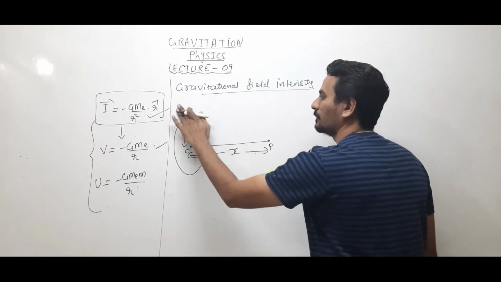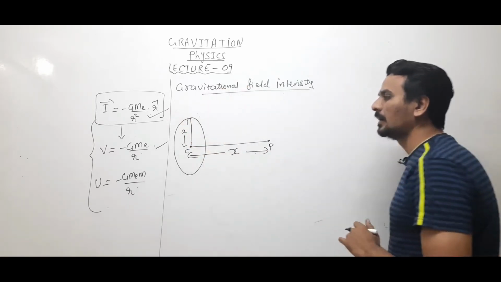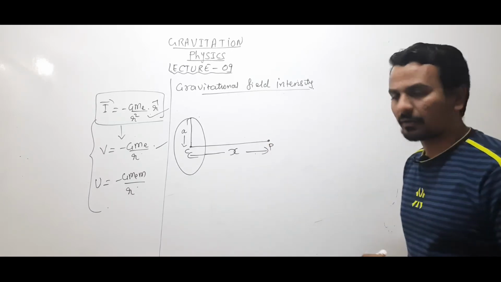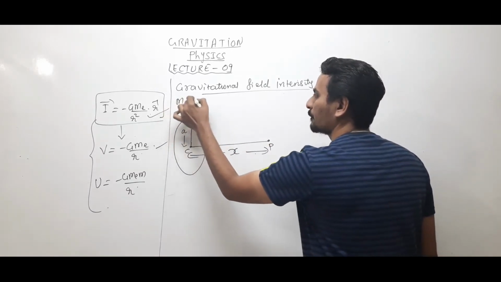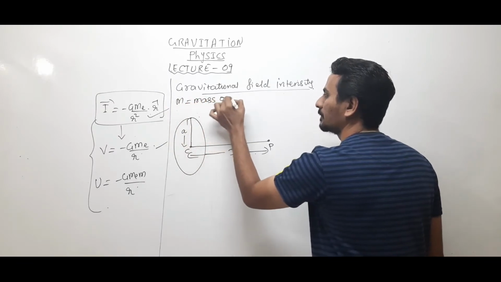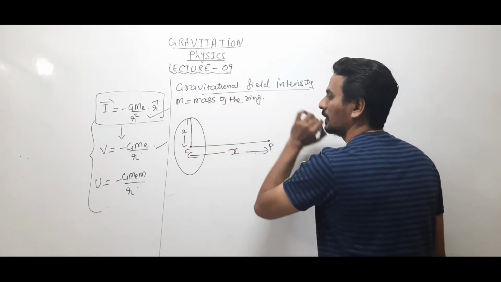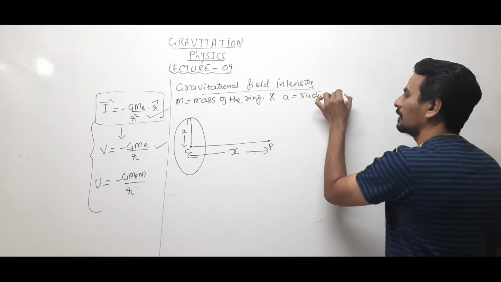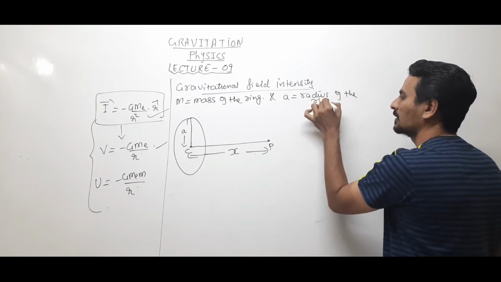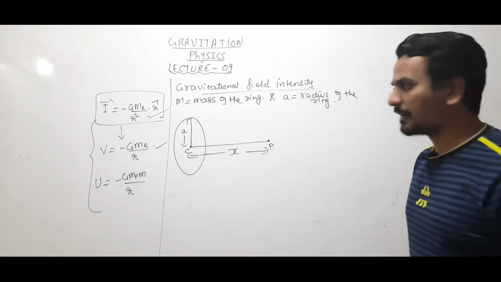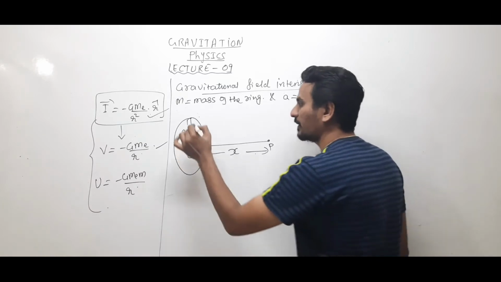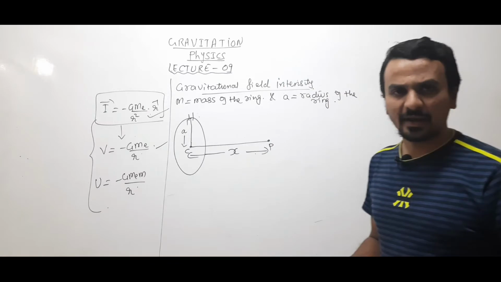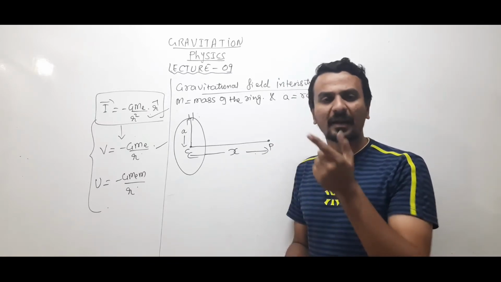So now, the gravitational field intensity because of this ring, with m the mass of the ring and a the radius of the ring. To derive this, let us consider a part having a mass dm.